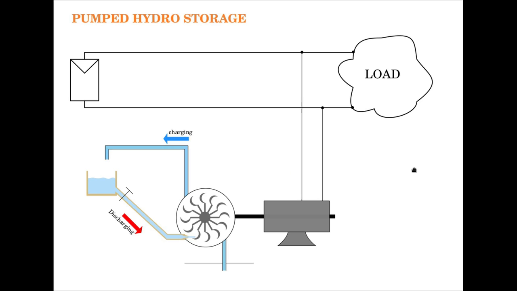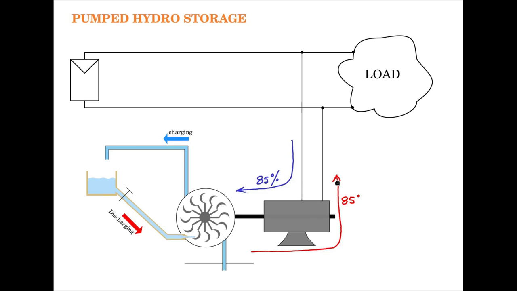During the charging mode, there will be some loss in the motor, there will also be some loss in the pump and also in the suction and the delivery heads. So you will see that about 85% efficiency is a practical value. Likewise, again during the discharging process, there will be some loss in the turbine and there will be some loss in the generator before pumping the energy into the DC bus.